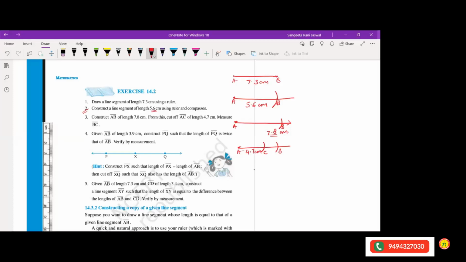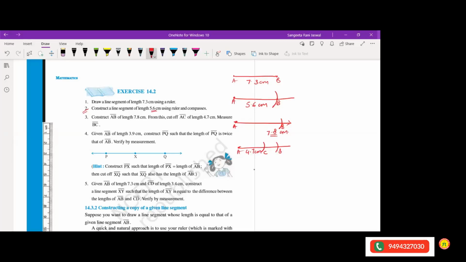Ma'am, first we have to draw a line segment named AB. We have to point that in the corners. First, we have to measure and draw a line segment, and then we have to construct a PQ such that it is twice of AB.